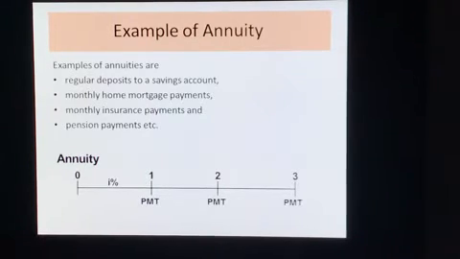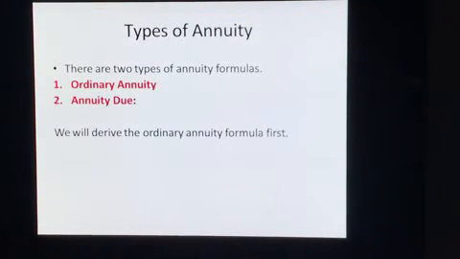In an ordinary annuity, the payments are made at the end of every time period. Whatever the total time period, the payments will be made at the end of every time period till the last period, and the interest rate or the discount rate will be fixed. This is a very simple timeline to explain the annuity.